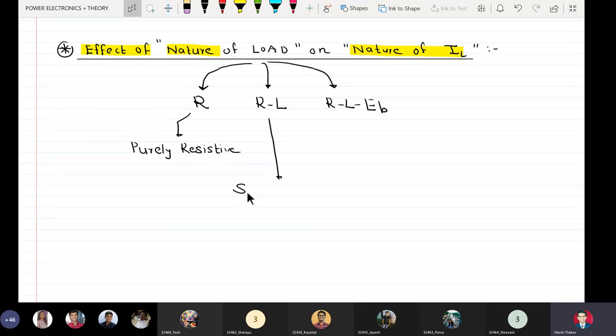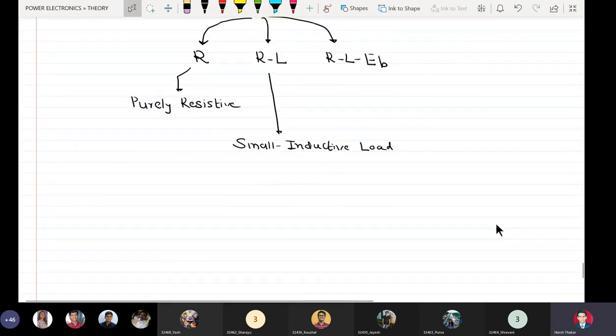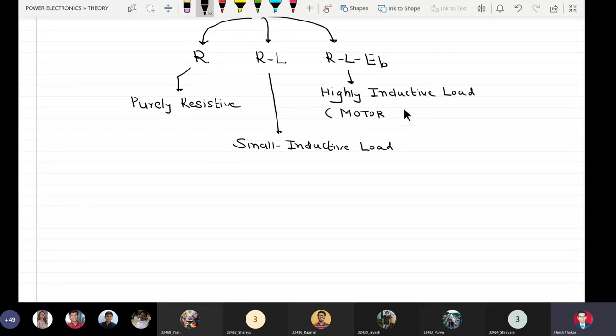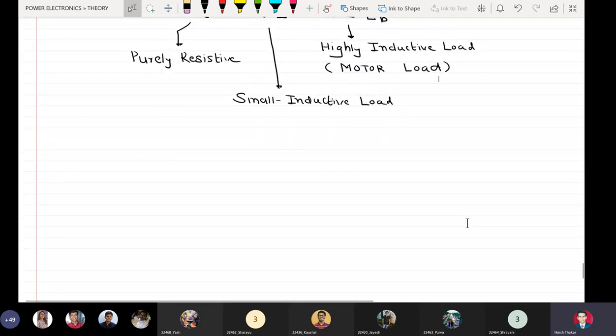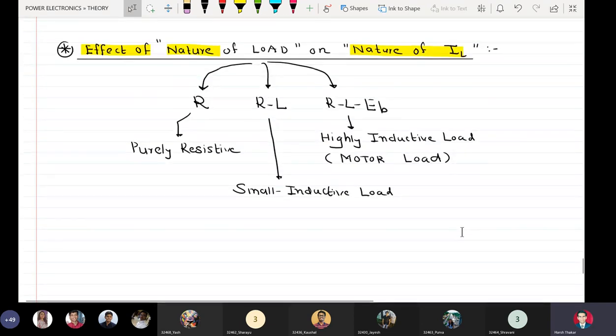This is usually referred to as small inductive load, and this is referred to as highly inductive load, or also known as motor load.